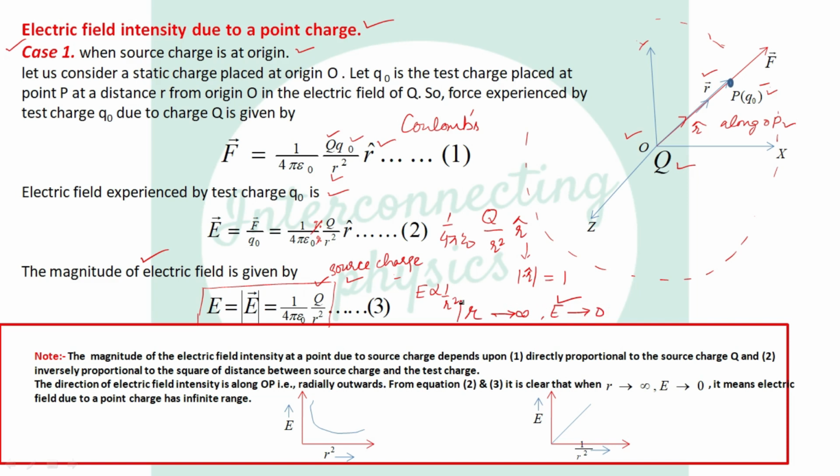So this means electric field has infinite range. Now, these are the graphs between electric field and square of the distance, and graph is like this, and never touch this graph with y-axis as well as with x-axis. Now you see graph between E and 1 over R square, it is a straight line passing through the origin.